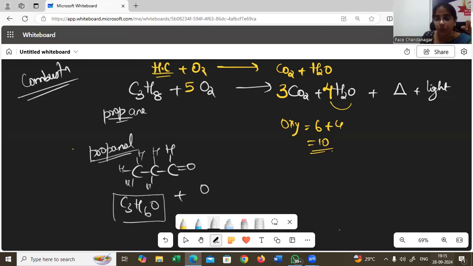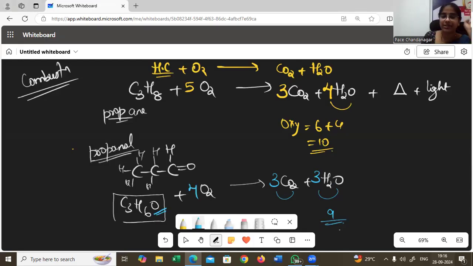C3H6O plus O2 will give CO2 plus H2O only. They don't need to tell you what it gives, because any hydrocarbon you take gives CO2 plus H2O. You have three carbons, put a 3 in front of CO2. Hydrogen 6, put a 3 in front of H2O. How many oxygens? 3 twos are 6, plus 3, 9 oxygens, out of which 1 is in the compound, so you want 8 more. So put a 4 in front of O2. It is done for propanal.